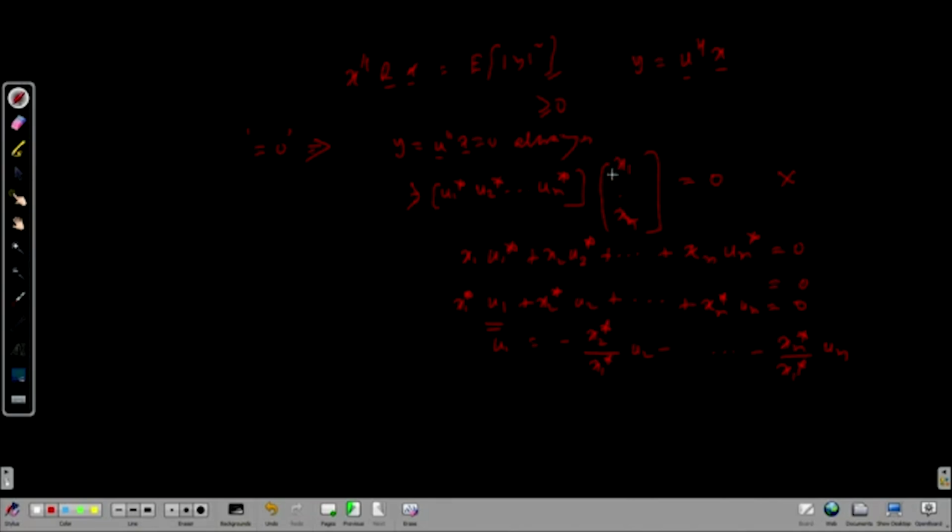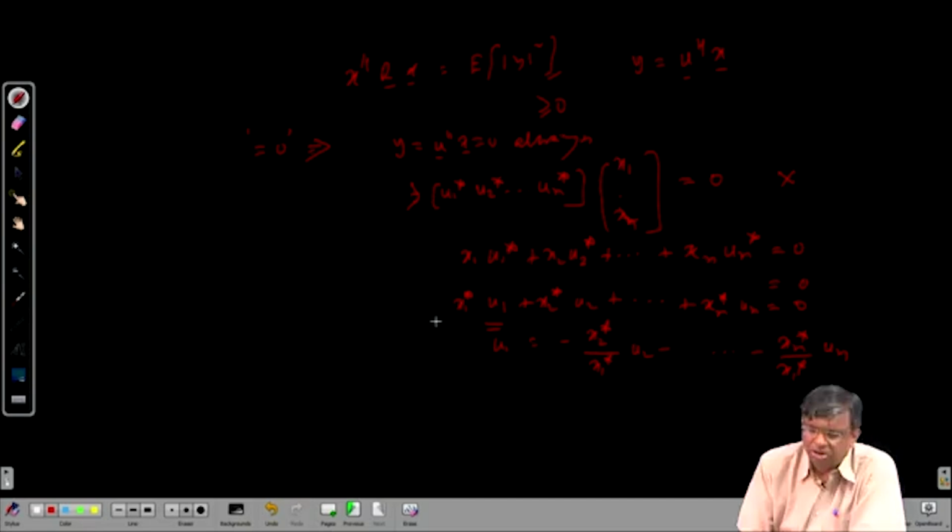So let only one be non-zero, others 0. Let x1 be non-zero, others 0. That will mean x1 star u1 equal to 0, and x1 is non-zero.